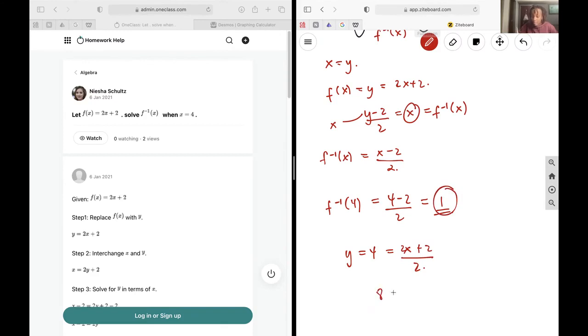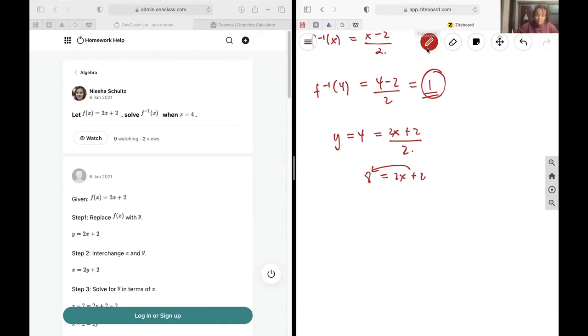So we get 4 is equal to 2x plus 2. This becomes 4 minus 2 is equal to 2x, over 2 over 2.